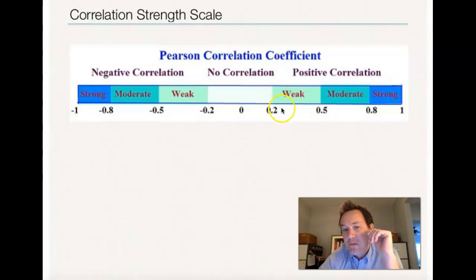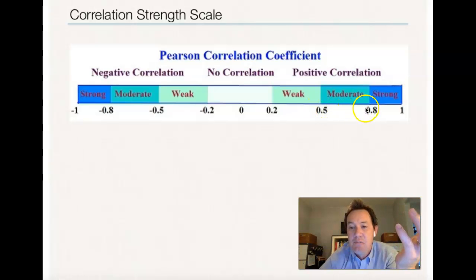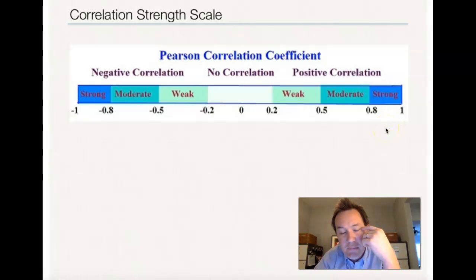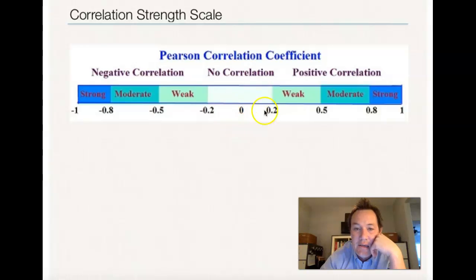So anything between 0.2 and 0.5 is weak. 0.5 to 0.8 you could probably discuss as moderate, and then 0.8 to 1 strong. And you can kind of intermix some of those words for in-between values. So you've heard me describe associations as moderately strong or moderately weak. In here would be very weak or no correlation.